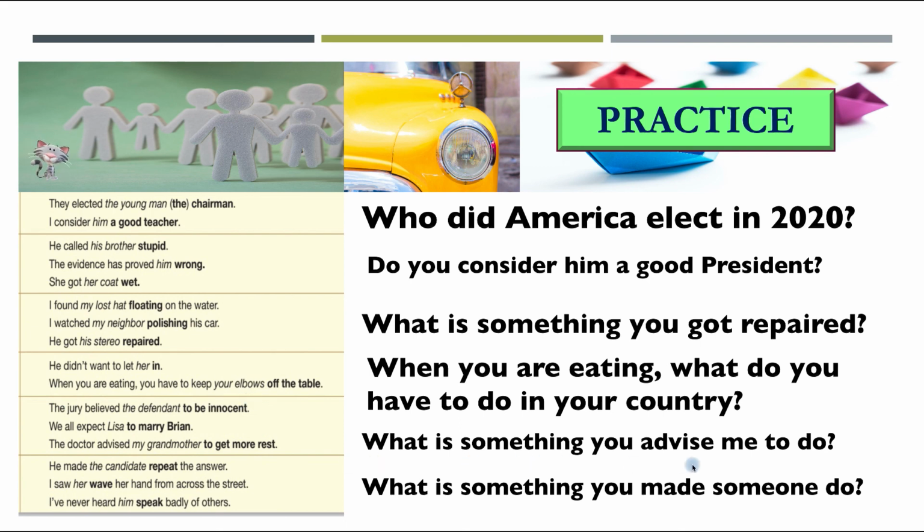Alright, what is something you advise me to do? I advise you not to get angry too quickly. Oh, thank you. Good advice. Me too. What is something you made someone do? I frequently make Professor Neil angry. And then I go green.